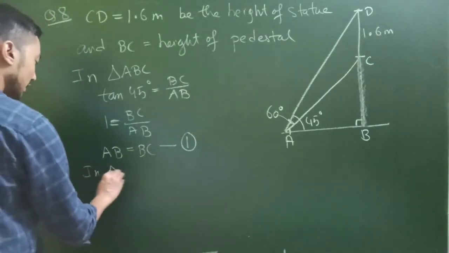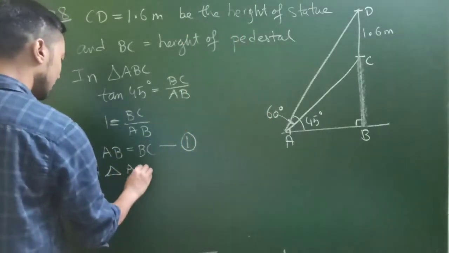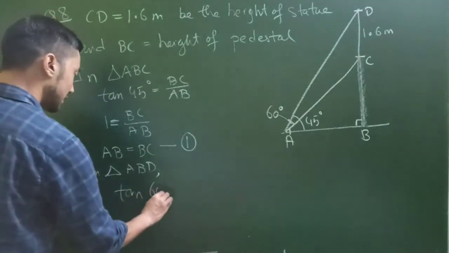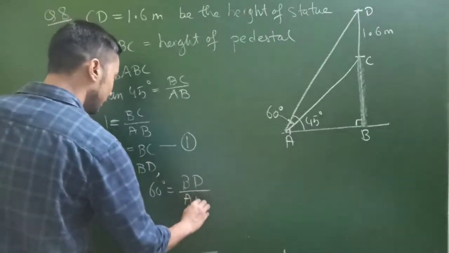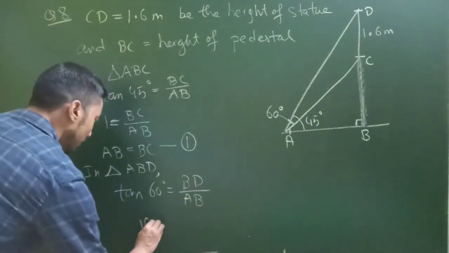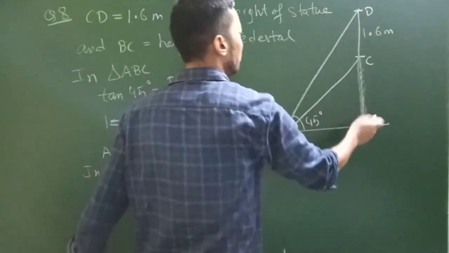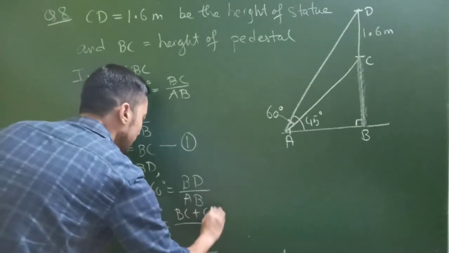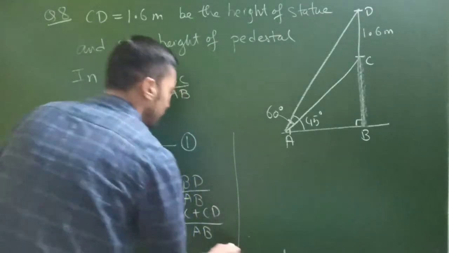Continuing with the bigger triangle, so that's in triangle ABD, again we shall have tan of 60 degrees is equal to BD by AB. Tan 60 we know, root of 3. BD again, BC plus CD, and AB.